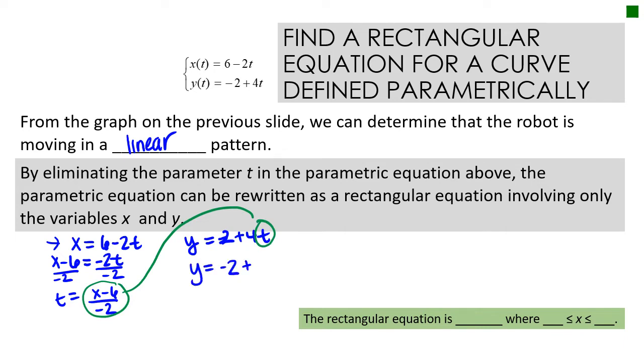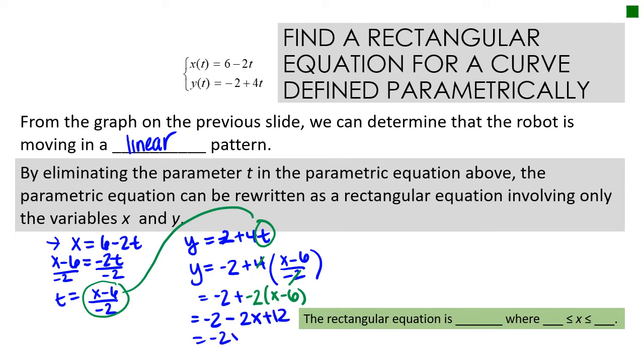So y equals negative 2 plus 4 times (x minus 6) divided by negative 2. Negative 2 goes into 4 negative 2 times. So that gives me negative 2 minus 2x plus 12, so negative 2x plus 10. So the rectangular equation is y equals negative 2x plus 10.